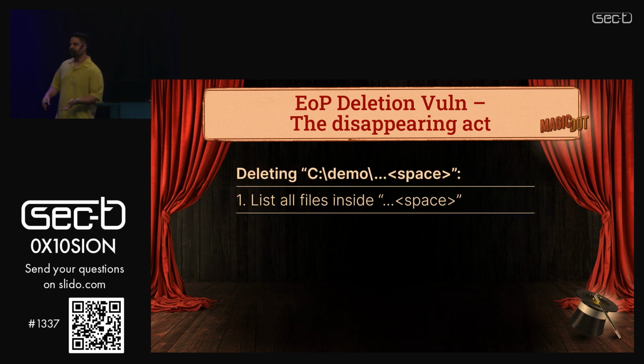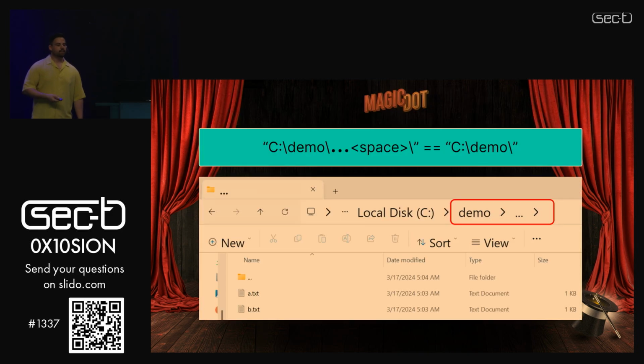So basically, the process that tries to delete the folder, the triple dot space folder in here, is File Explorer, of course. And when it wants to delete a certain folder, it starts with recursively listing all the files inside. So it lists the triple dot space directory, but listing the triple dot space directory just lists its parent directory, because when we refer to a path element that is made from only dots and spaces, it's completely removed, referring to the upper directory.